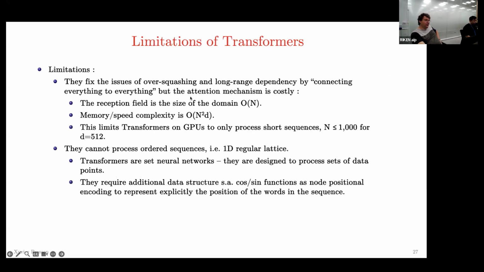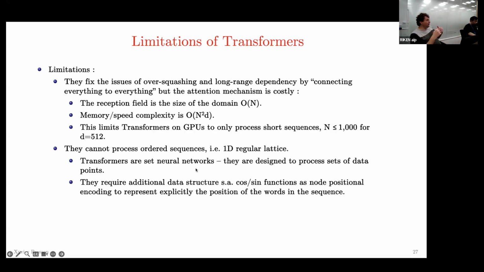The limitation of the transformer, again as I said, is that this time the receptive field is the whole sequence. So you need to pay the price of n squared. And basically, you need good GPUs if you want to go to more than 1,000 elements in your sequence. And it's not enough.